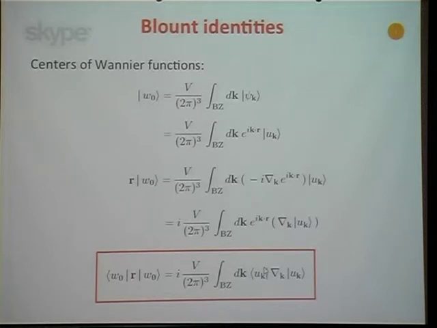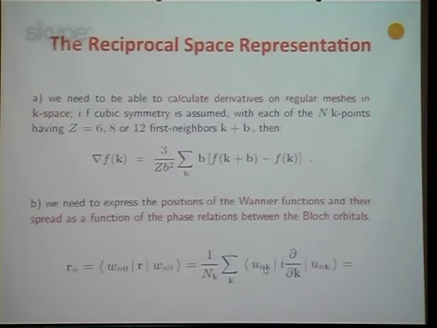Okay, so the bottom line is that in order to minimize our functional, we need to calculate expectation values in reciprocal space of the gradient, and we'll do that with a finite difference representation of the gradient. Again, the math here is not terribly interesting, but if you look at the bottom line, I've rewritten the expectation value of the position operator between two Wannier functions as an integral of the Berry connection.